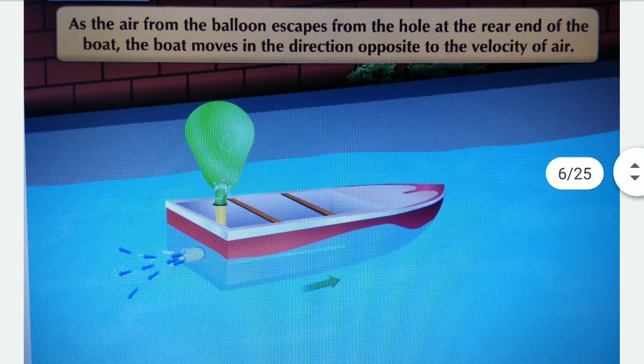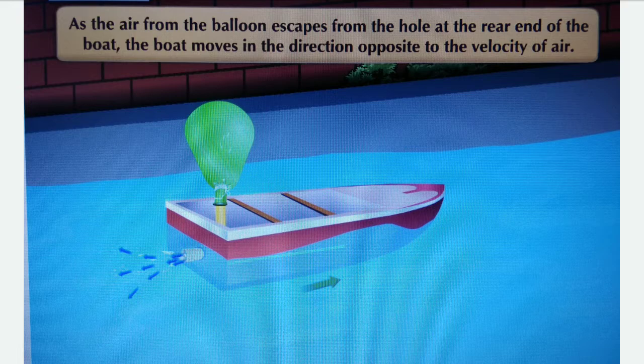As the air from the balloon escapes from the hole at the rear end, the boat moves in the direction opposite to the velocity of air. In this picture, the air is escaping from the hole at the rear end of the boat and the boat is moving opposite to the velocity of air.